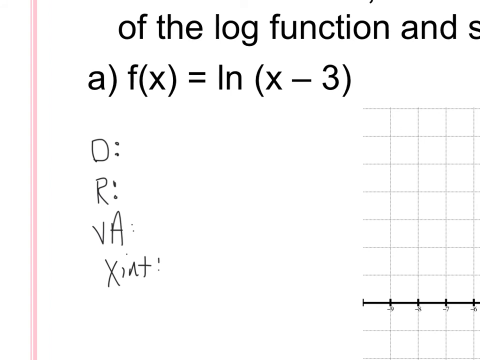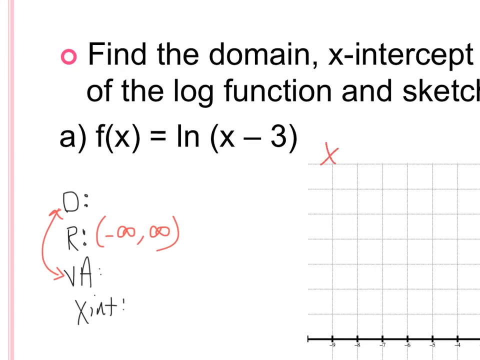But for logarithmic and natural logs, the domain is restricted, and the range is negative infinity to positive infinity. How do I find my vertical asymptote, which goes hand in hand with my domain? Set the parenthesis, x minus 3 equals 0, so x equals 3. So I have a vertical asymptote at x equals 3, which means my domain is 3 to infinity.